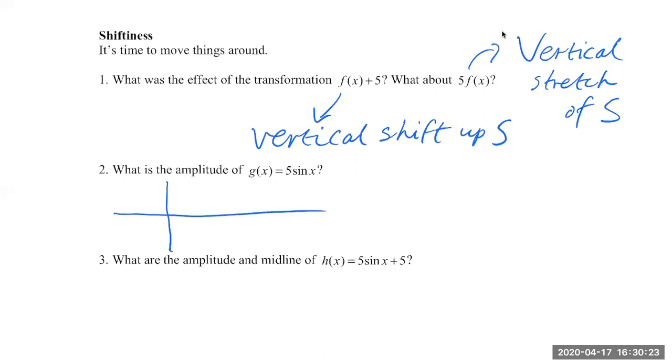then it should be taking our function, which was happily living at -1 and 1, and it should take the whole thing, take the peaks and pull them up. So stretch, stretch to 5.